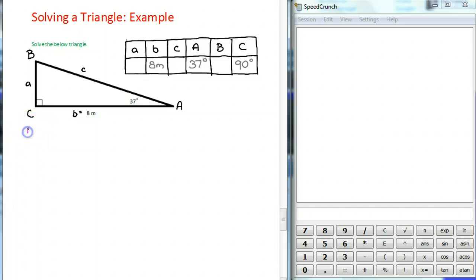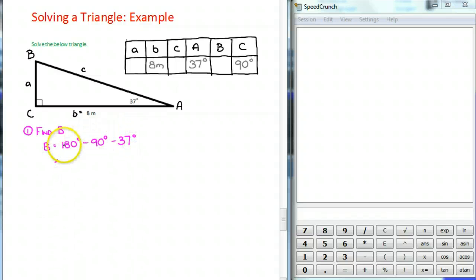The first thing I'm going to do here, and I'll work through it in pink, is find B. We know there's 180 degrees in a triangle. Therefore, B is equal to 180 degrees minus angle C, which is 90 degrees, minus angle A, which is 37 degrees.